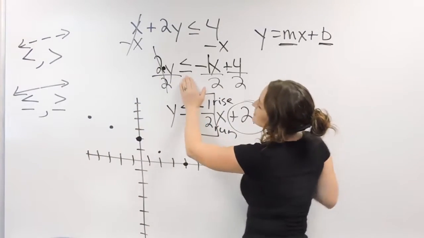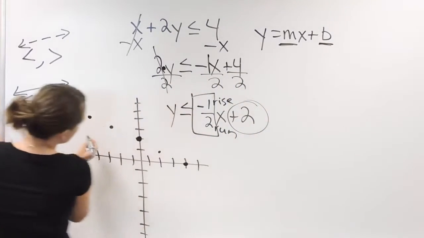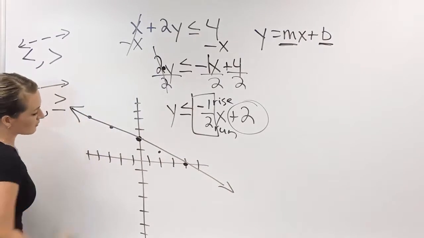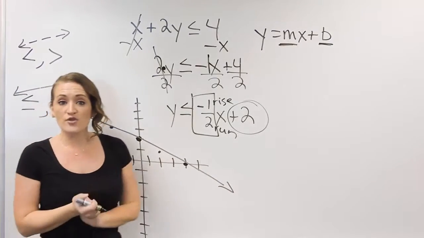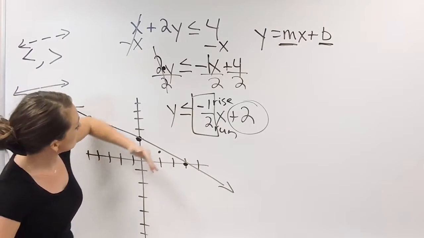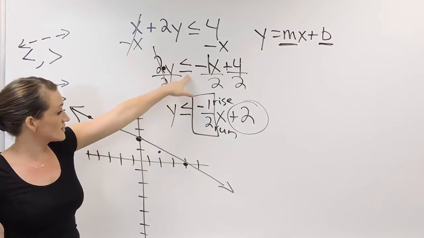Looking back at our symbol, we do have the less than or equal to, so we can make a nice solid line through our points here. The only other thing that we need to worry about is where we are shading. We're either shading above our line or below our line, and that depends on our symbol.